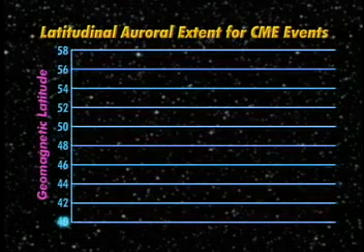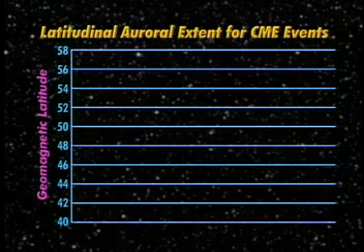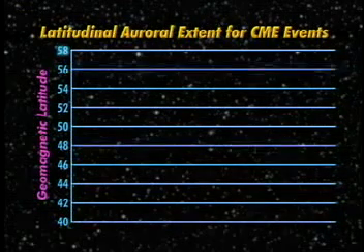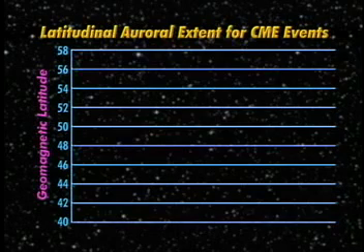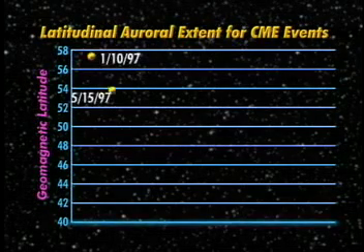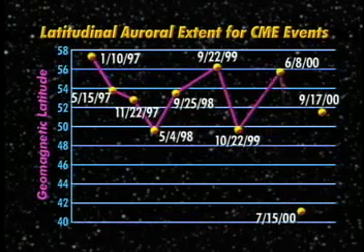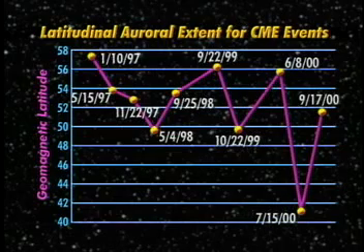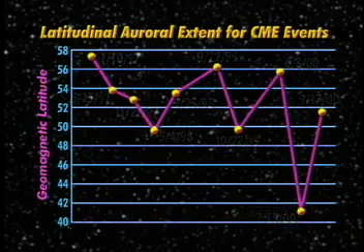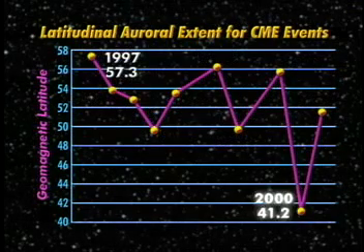On a globe, 40 degrees north latitude is closer to the equator and 58 degrees north latitude is closer to the geomagnetic North Pole. The horizontal axis represents the dates of selected CME events. From analysis of this graph, we can determine that the latitudinal auroral extent generally increased from 1997 to 2000.